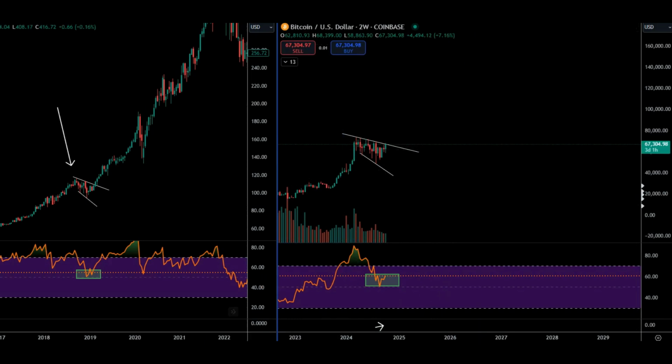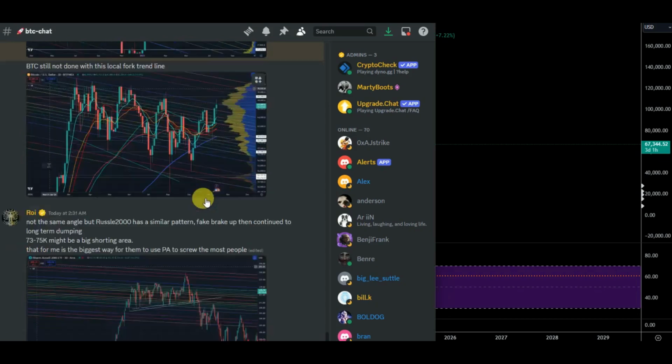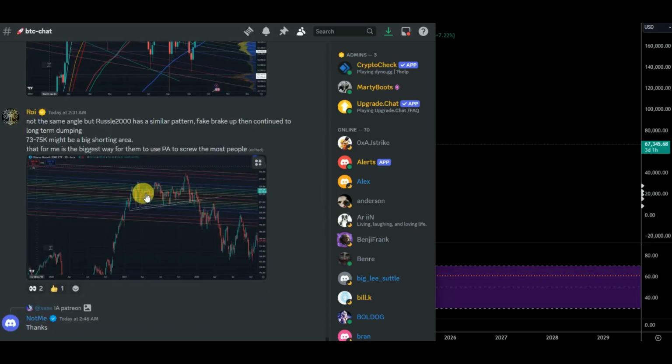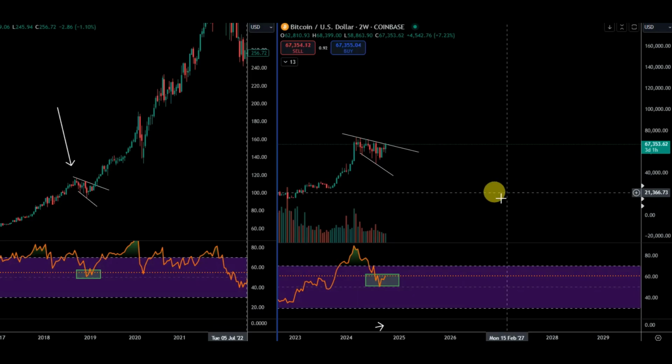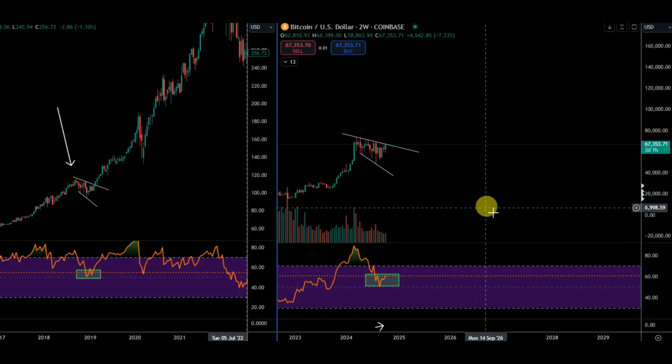Roy posting here, it's a great post. Of course, if we get a failed breakout on Bitcoin, we need to be on guard. These flat-based breakdowns are very powerful. We do not have a flat-based breakdown here, but could we somehow fail? We could, but we're not at that point yet.